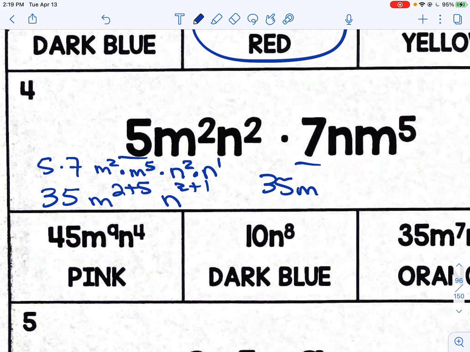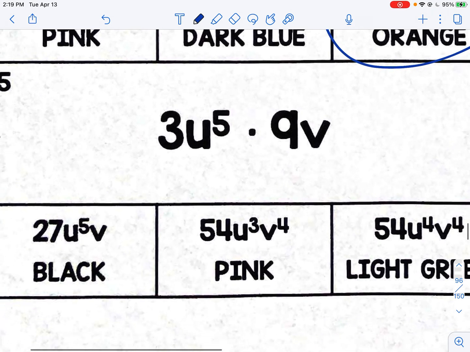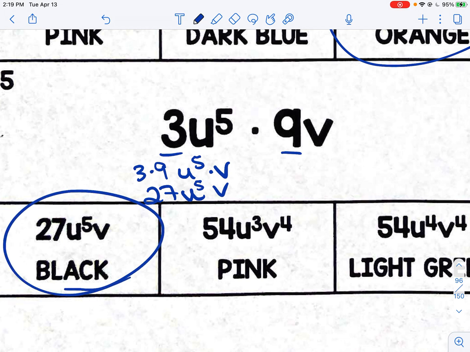So 35 m to the 7th, n to the 3rd. Here, I have 3 times 9, u to the 5th, and v. There's nothing to do with those because they're not like bases.